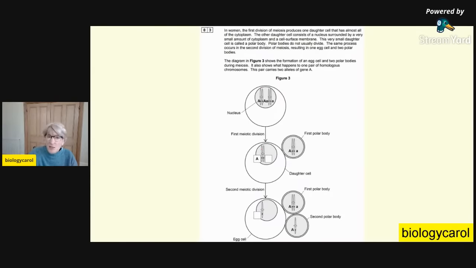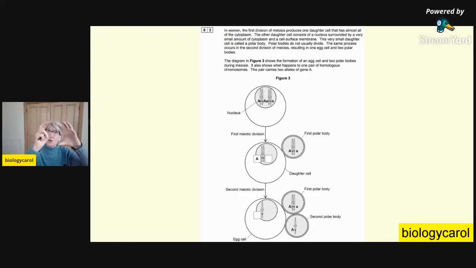ovary cell will undergo meiosis, and what actually happens, in the first meiotic division, you get one normal egg and what's called a polar body. The polar body doesn't carry on dividing, only the normal egg does, which then goes through its second meiotic division.